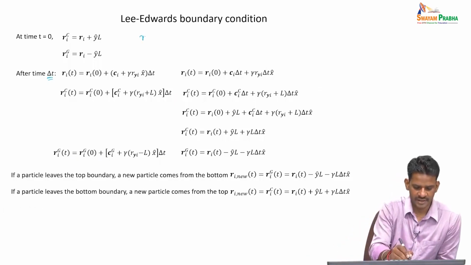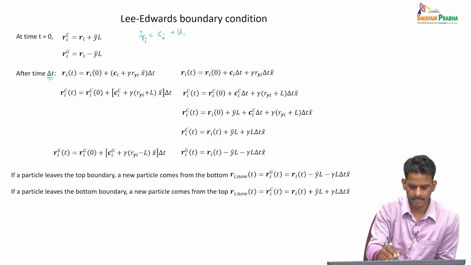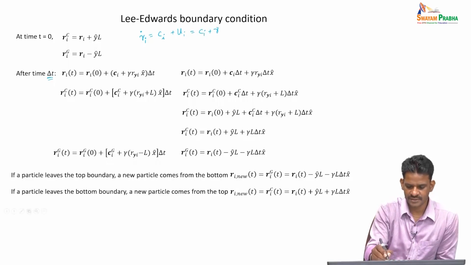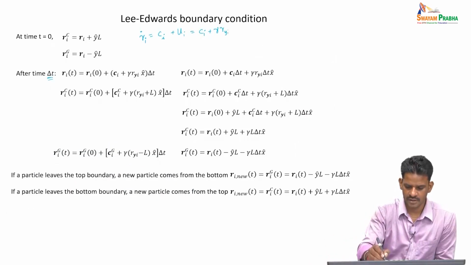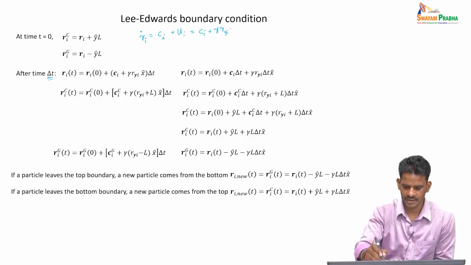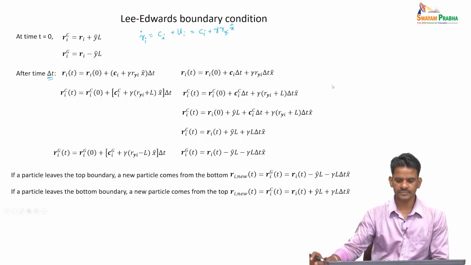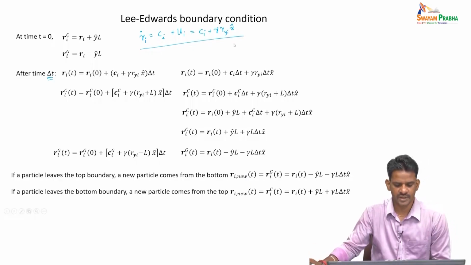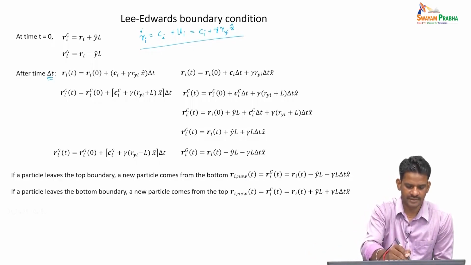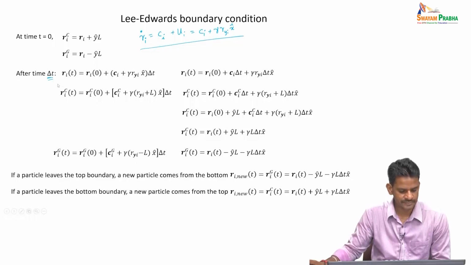So, let me write here Ri dot was Ci plus Ui, which is nothing but Ci plus gamma R_yi x cap. So, this is the velocity of particle i in the central simulation box.